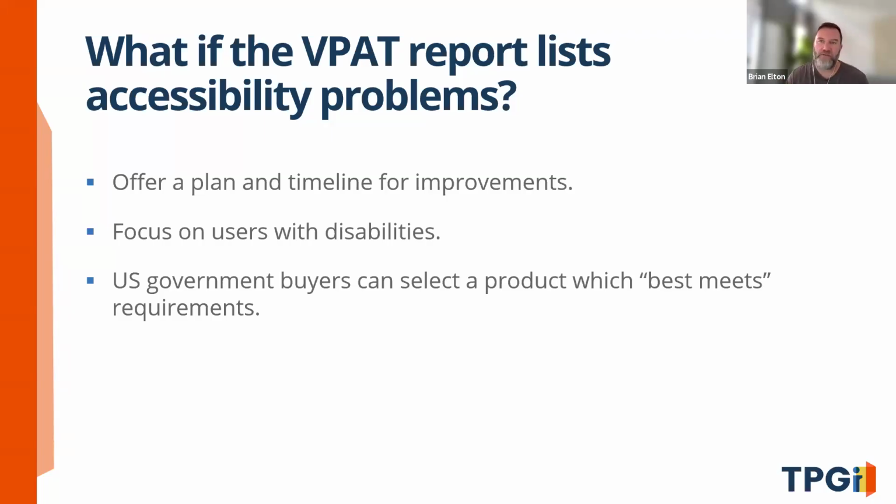So don't shy away from having a VPAT that has a lot of issues. Put it up there, but put it up there with a caveat that we're going to fix all these and this is our timeline for it.